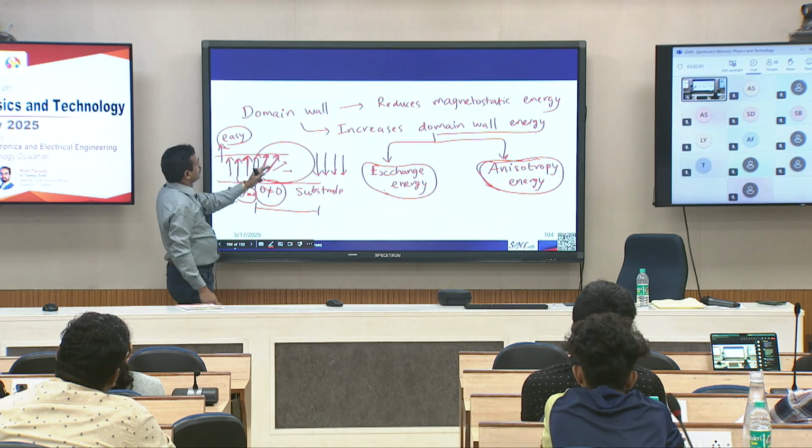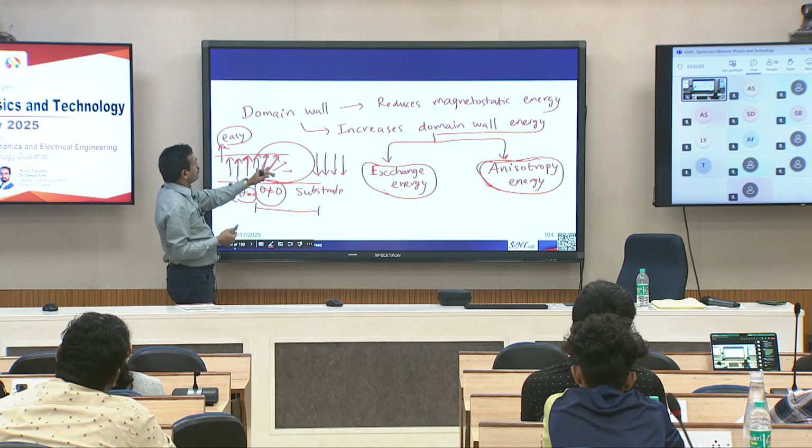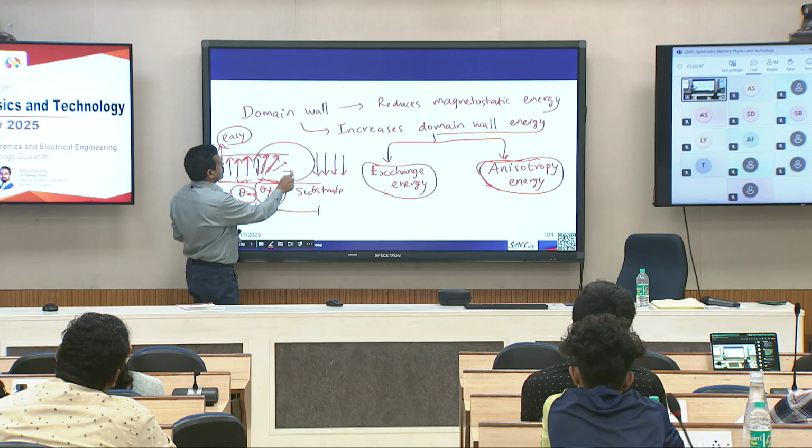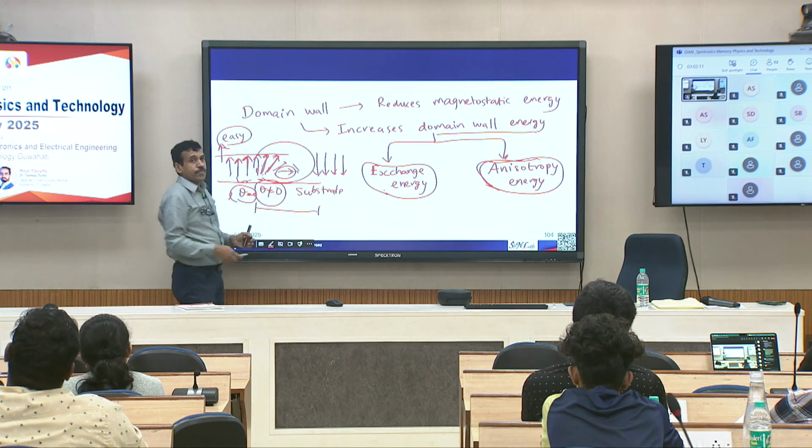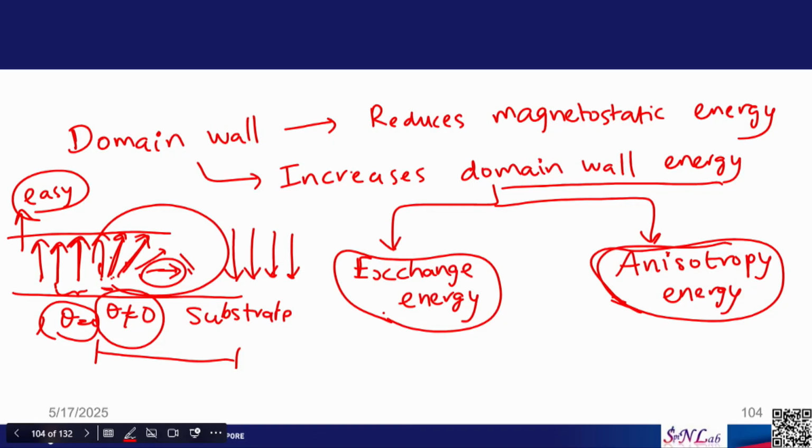So, this increases energy a little bit, this increases energy more, and this increases the energy the most, and so on. Because the spins are not aligned along the easy direction, the anisotropy energy also increases.